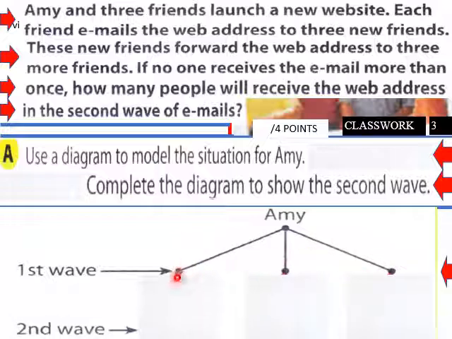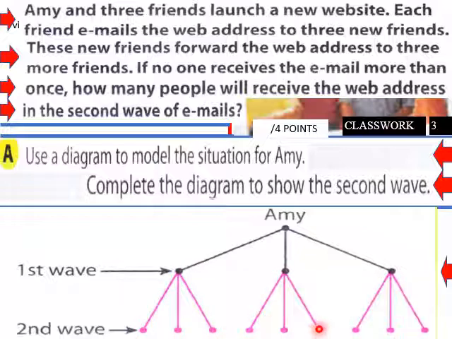And then in the second wave, each one of these friends emails 3 other friends. You have 3 more here, 3 more here, and 3 more here. So how many people in the second wave do we have, plus the first wave? How many people will receive the web address in the second wave? So how many people, students?